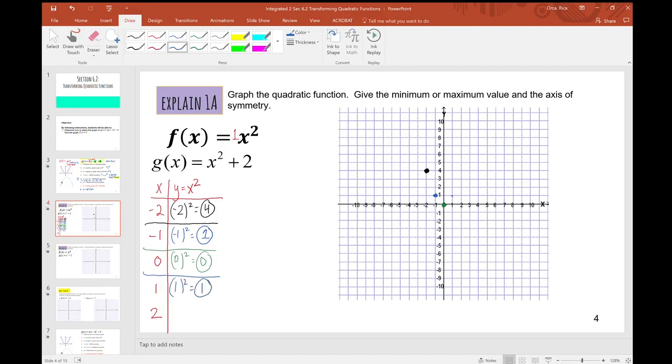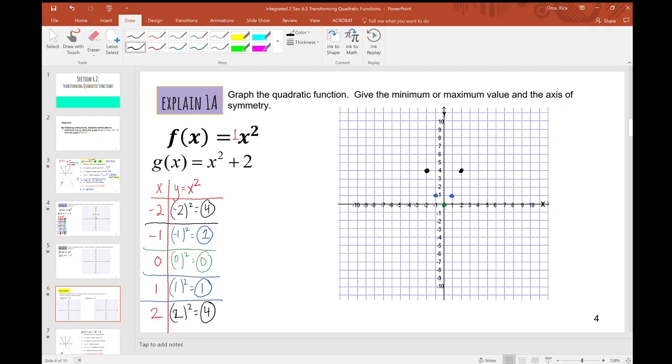So my fourth point is at 1, 1. And when x equals 2, y will equal 2 squared, which is 4. So my last point is at 2, 4. And notice how all my points are symmetrical, which is exactly what we want.